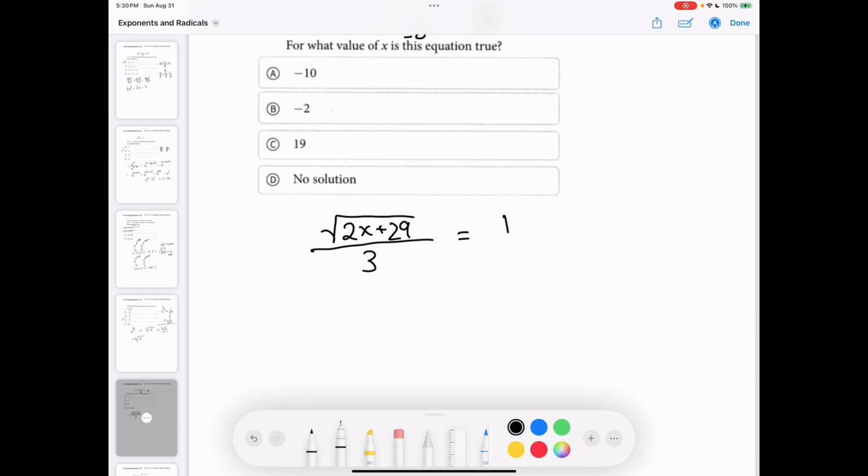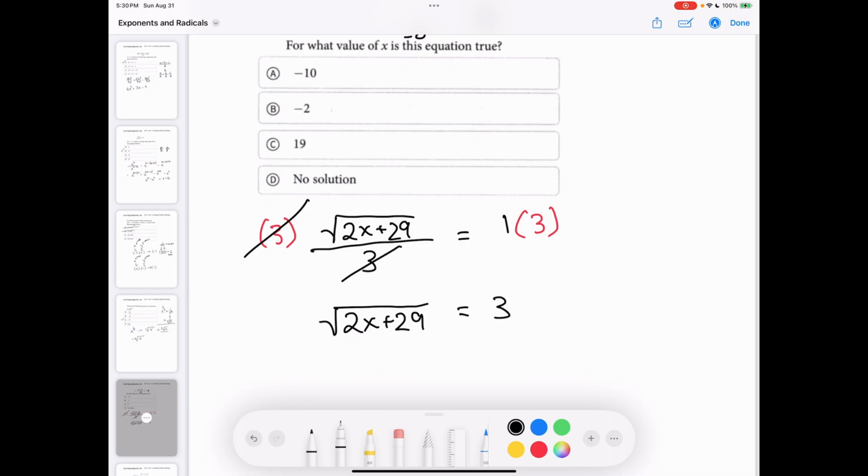Now I'm going to get rid of the next farthest thing from the x. In this case, the 3 is dividing, so I'm going to apply the opposite operation, which is multiplication. I multiply by 3 on both sides. On the left side, I can cancel out the 3 with the 3 because 3 divided by 3 equals 1. And I'm left with the square root of 2x plus 29 equals 1 times 3, which is 3.